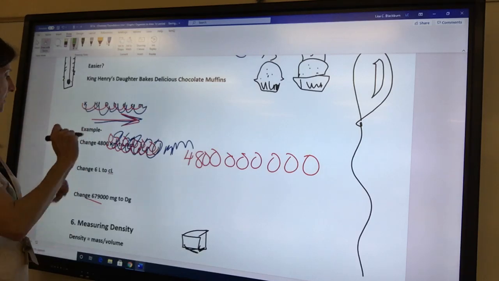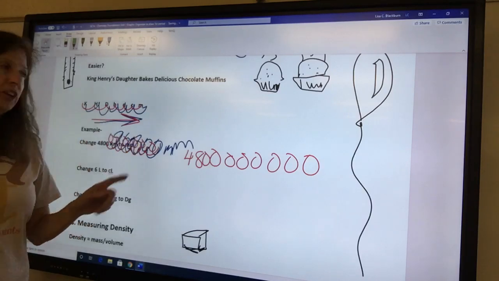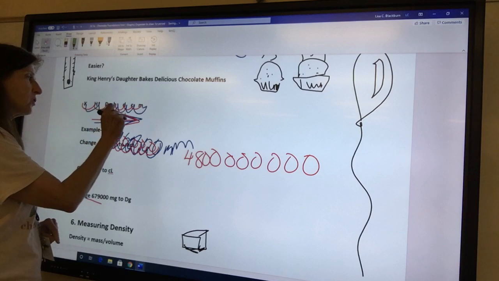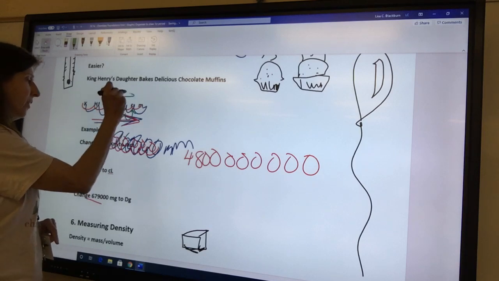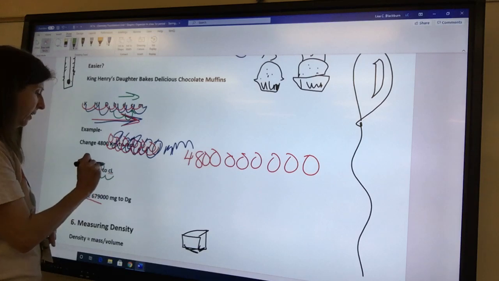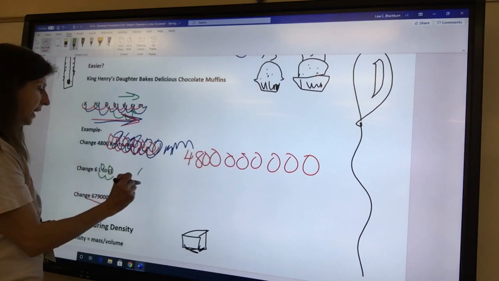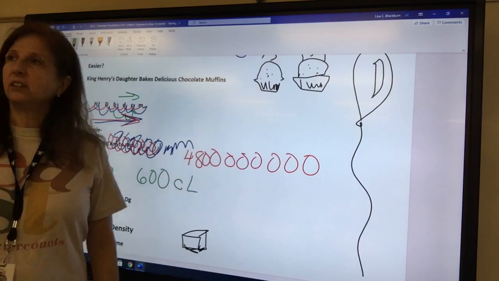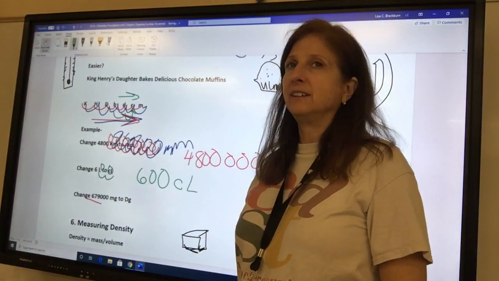Okay, you ready? Liters is a basic unit. We start here and we go to centi, which is 2 frog hops this way. So we go 2 that way, we augment zeros, and it's 600 centiliters. Did you get it?